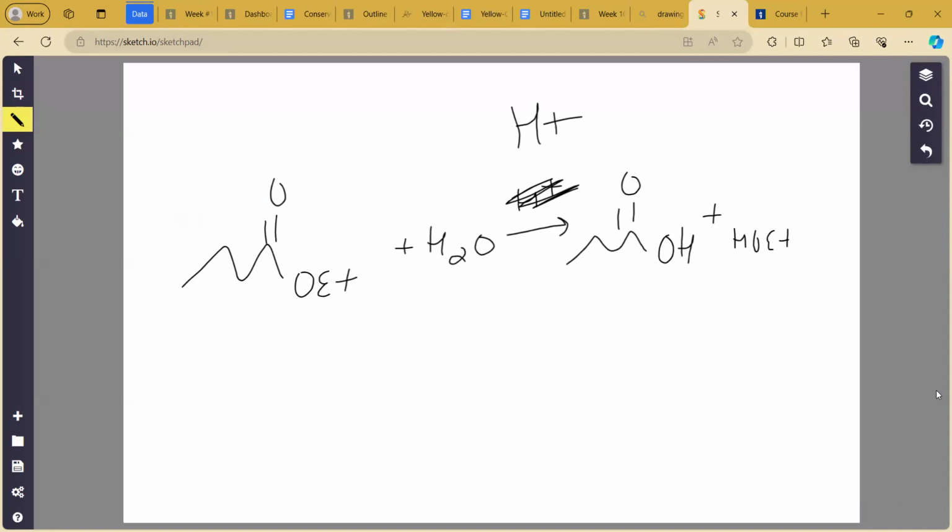But in this case, usually if we think about it, you would keep reacting. But this is an acid. And this is an acid. They can't keep reacting. So this one is a case where the reaction stops. Do you guys have any questions about those reactions? If not, I'm going to move on to lipids.